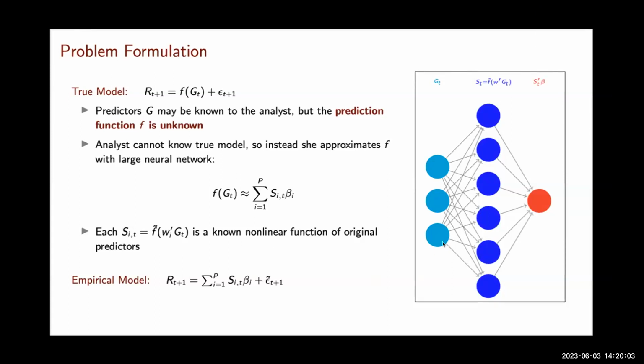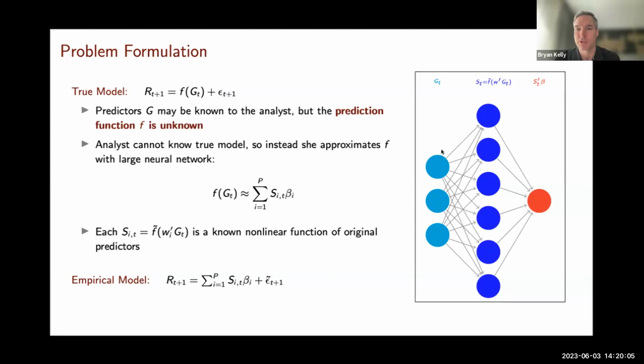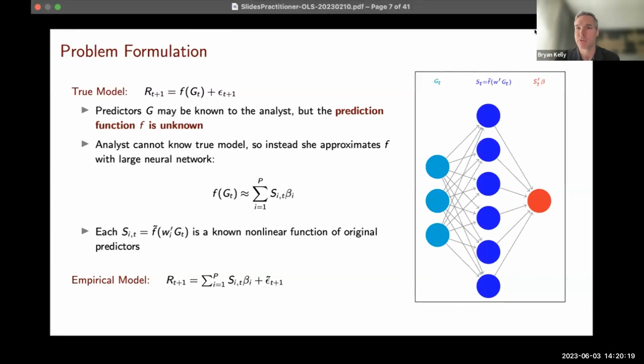It's like starting with a set of raw inputs, the G variables here, and building it out into a relatively large number of intermediate nodes. Once I've built it out, I've given myself an opportunity to move back to a very standard regression setup.